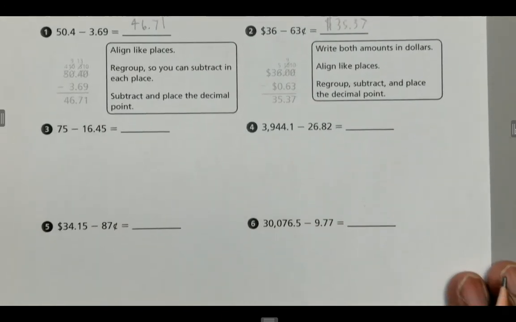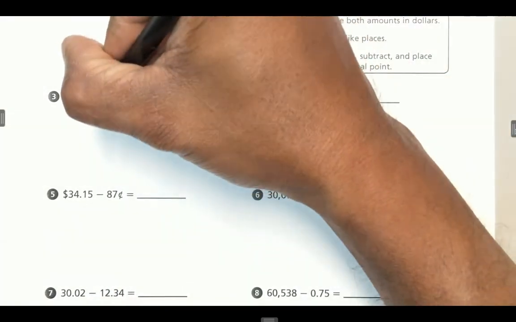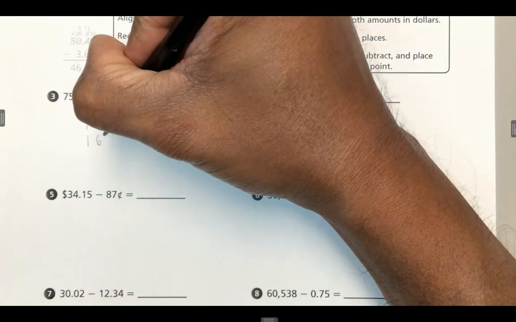Moving on. Number 3, 75 minus 16 and 45/100. I'm going to line up my place values.